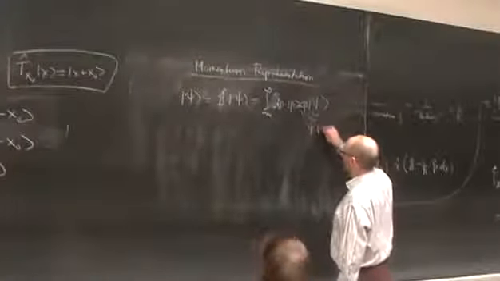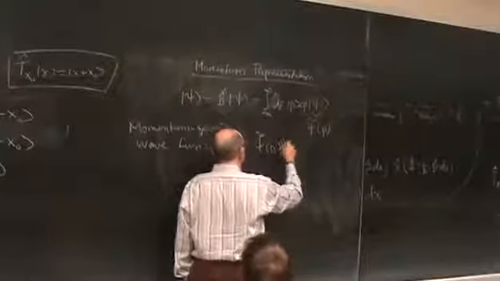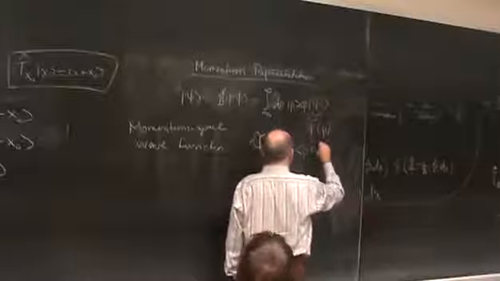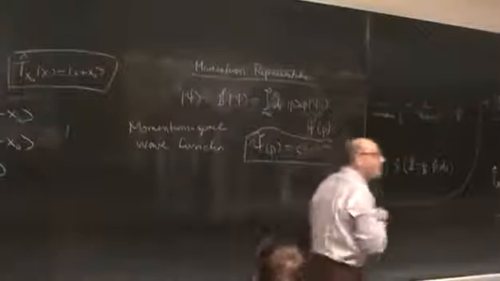So this psi tilde, the momentum space wave function, is nothing more than the probability amplitude in the position eigenspace. I'm sorry, the momentum eigenspace.